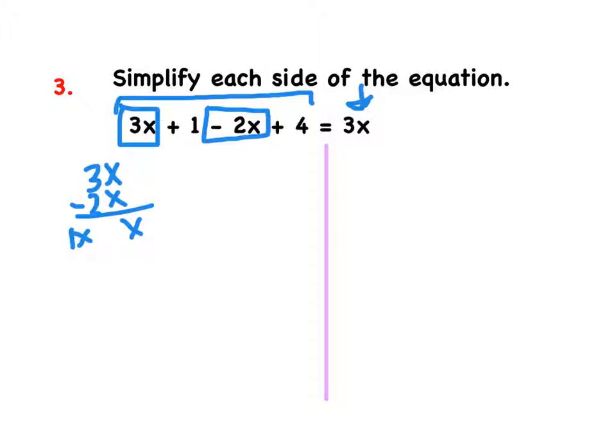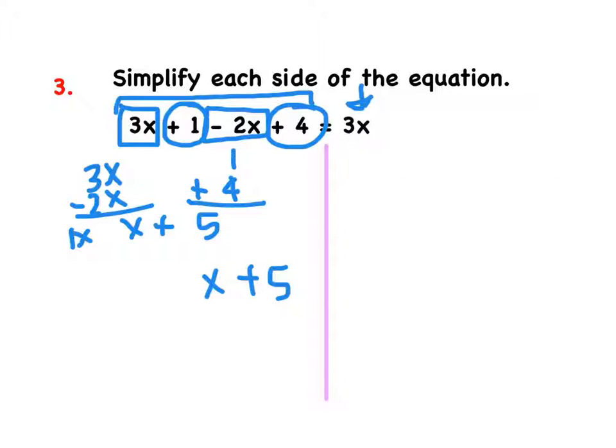This is just the x by itself is the most correct way, but if you wrote 1x in front of it, I wouldn't mark it wrong. Then I'm going to take all of my constants. So I have 1 and 4, and I'm going to add those together. 1 plus 4 is 5. And then I'm going to write x plus 5. So x plus 5 is the most simplified version of this expression, this side of the equation.